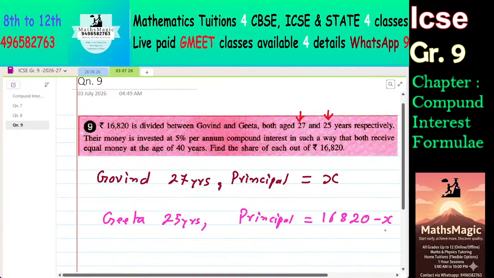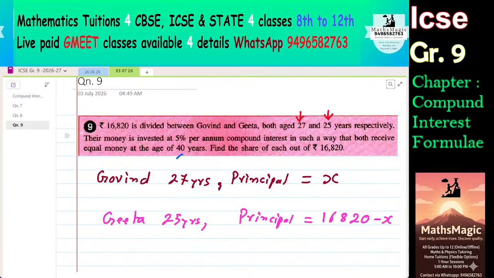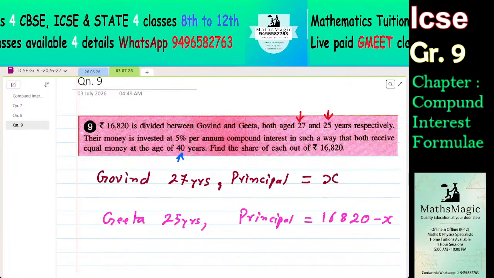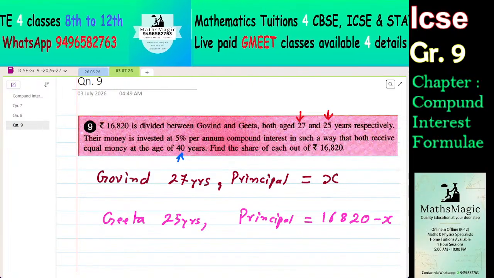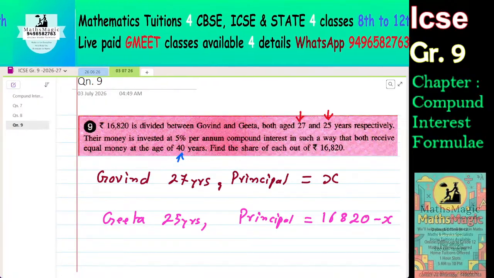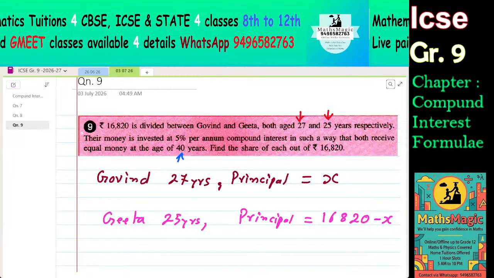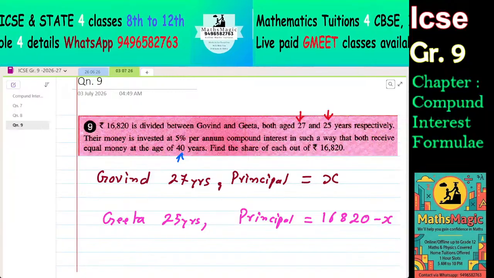Now we have the principal, we know the formula. Why is age important? Because at the age of 40, they'll get equal amount. So how are we planning to solve this?